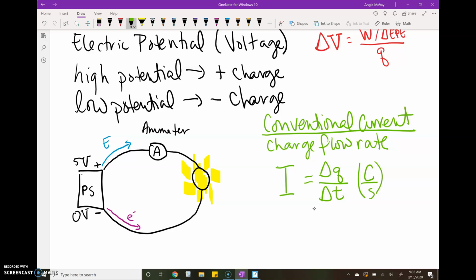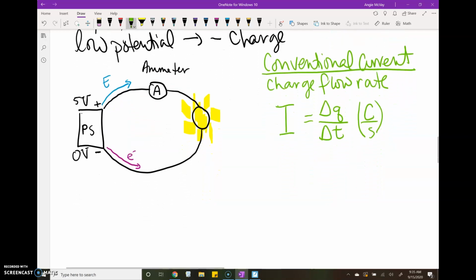All right, and conventional current is always in the direction of the electric field. So we can draw that on our diagram, which is crazy, right?